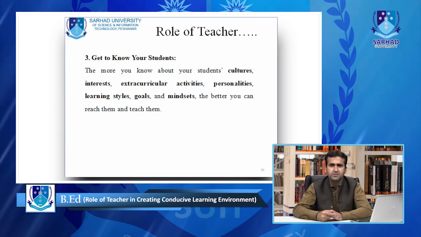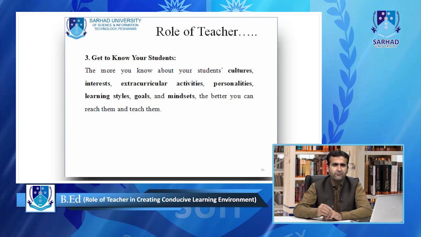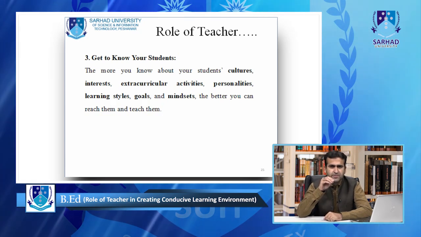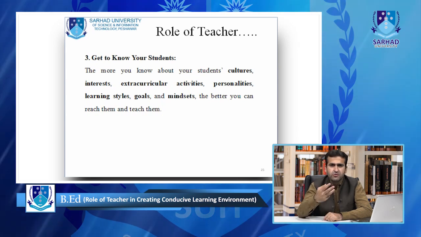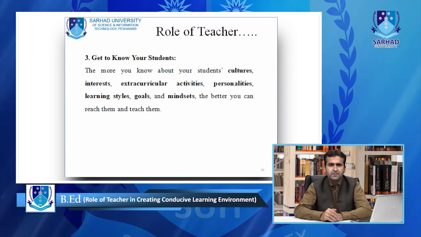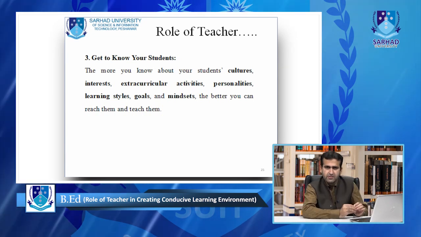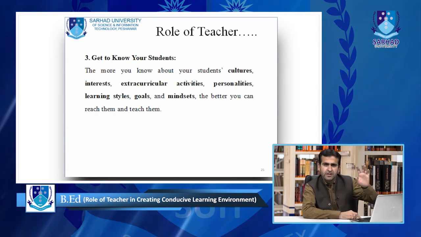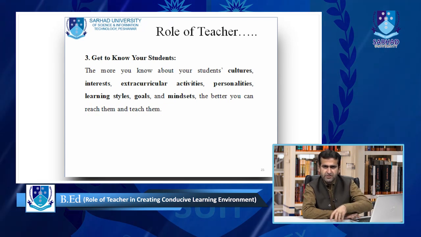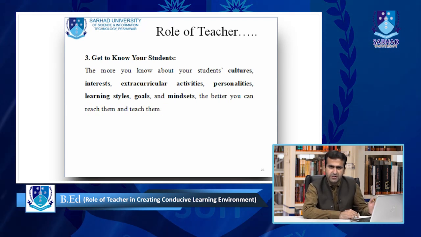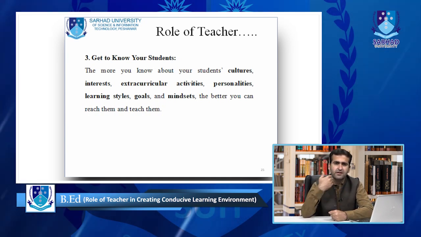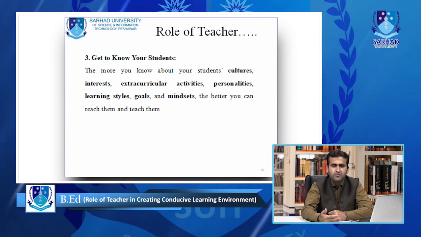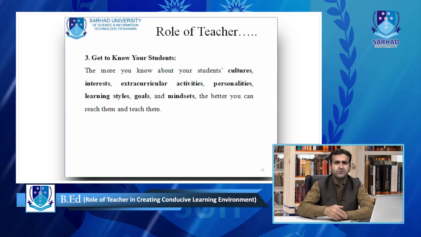Interest of the students. We as a teacher need to know the interest of the students. Now, interest has two or three different meanings. The interest of the student in a particular class, the interest of the student in a particular topic, the interest of the student to take a class with a particular teacher, or the students are also taking interest that the teacher will give us some proper roadmap, some guidance, some counseling related to our future goals and objectives.